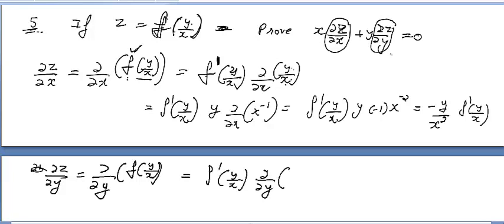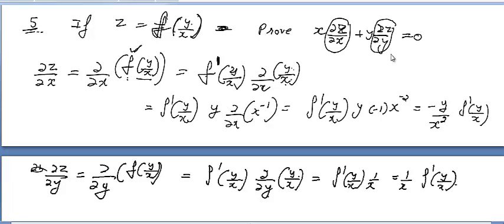So you are finding the derivative with respect to y. x is constant, so 1 over x is outside, and the derivative of y is 1. So you have 1 over x f dash y over x.